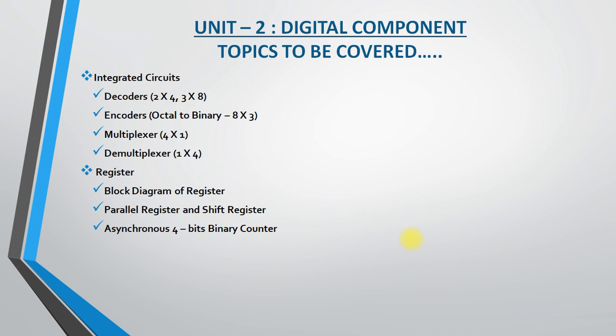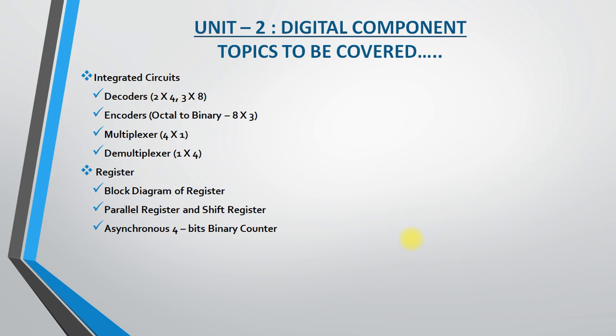The next topic is called register, which contains the block diagram of register, parallel register and shift register, and asynchronous 4-bit binary counters. So these are all the topics which we are going to cover in unit number 2.